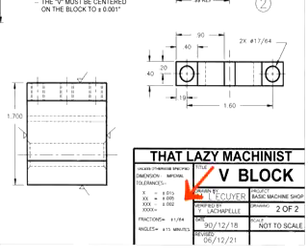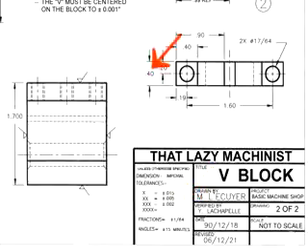Two numbers after the decimal point is plus or minus 5 thousandths of an inch. Three numbers after the decimal, plus or minus 2 thousandths of an inch. If we have a fractional dimension, it has a tolerance of plus or minus 1/64. And if we have any angles on the print, their tolerances are plus or minus 15 minutes, or if you prefer, a quarter of a degree.